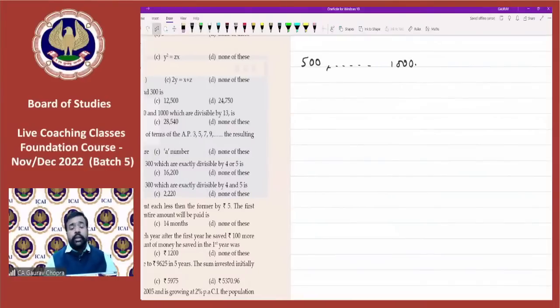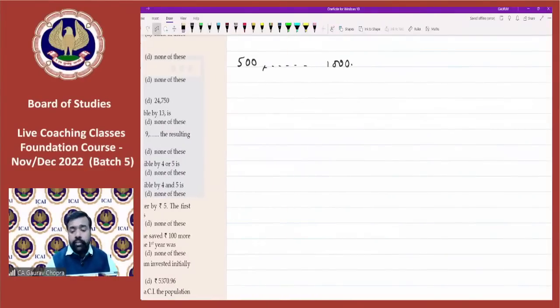How to calculate which number is divisible by 13 after 500? The simple way is just type 500 in your calculator, divide by 13 and see what you are getting. 500 divided by 13, we are getting 38.46.